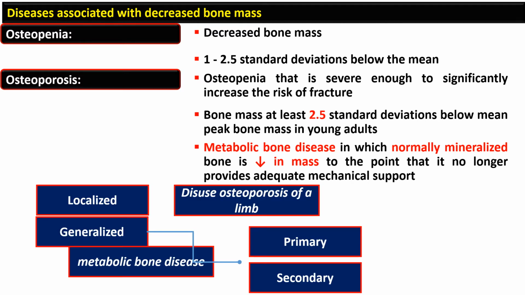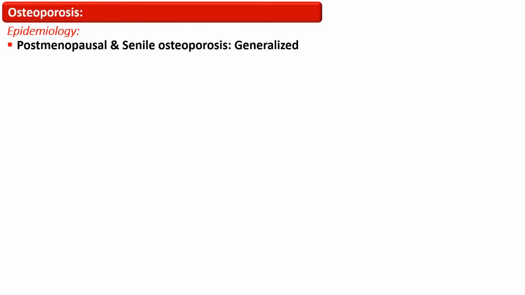Now, when we classify osteoporosis, it can be divided into two, localized type and generalized type. The most common cause of the localized type is disuse osteoporosis of a limb, while generalized can be divided into primary or secondary. Now, epidemiology of osteoporosis.